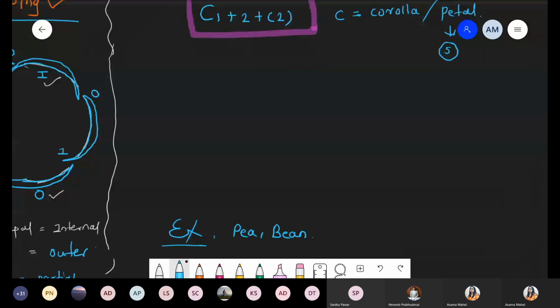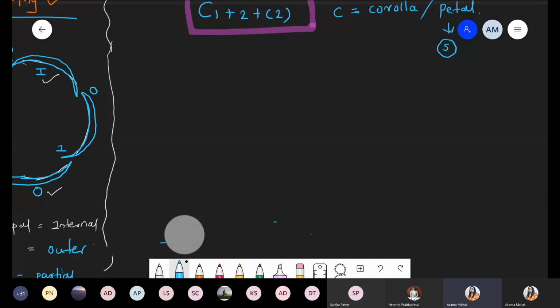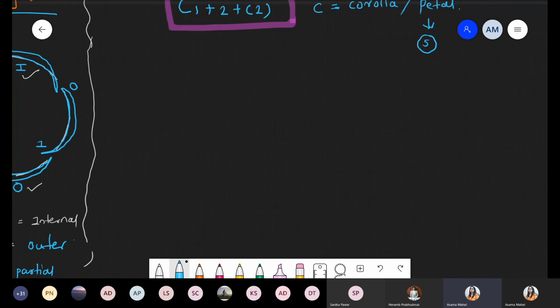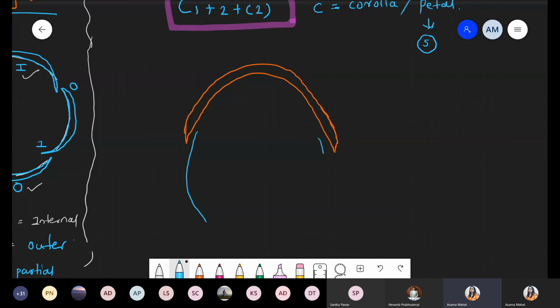Okay. Now inside this Fabaceae family, the two ideal examples are the pea plant and the bean plant. So first of all, we draw the diagram. This is the single petal, the outermost petal. Now these are the 2.